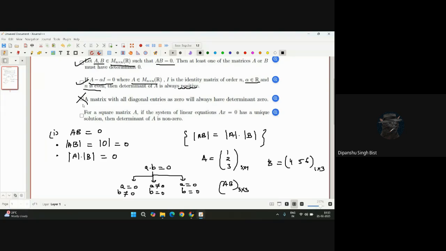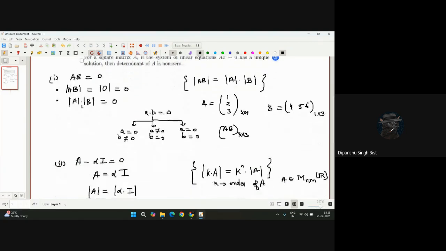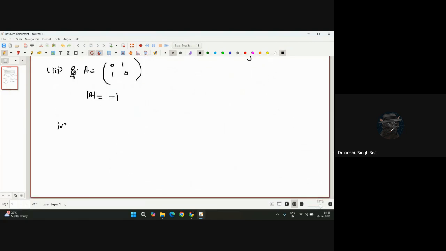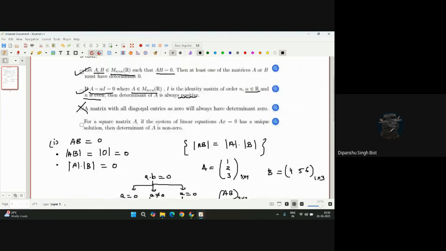Okay. Moving on to the fourth option, it says for a square matrix A, if the system of linear equations has a unique solution, then the determinant of A is non-zero. So the fourth option says we have Ax equal to 0. Is it 0 or B?